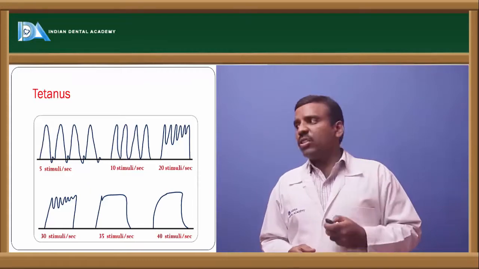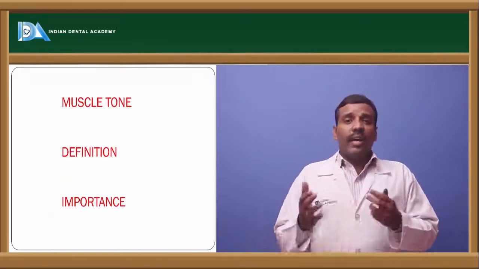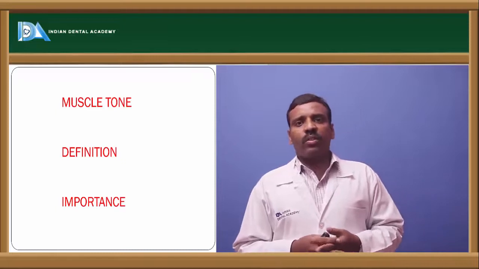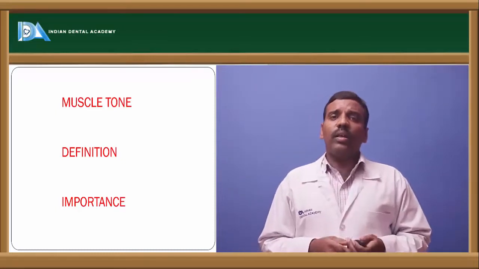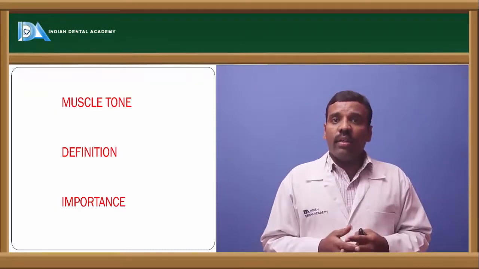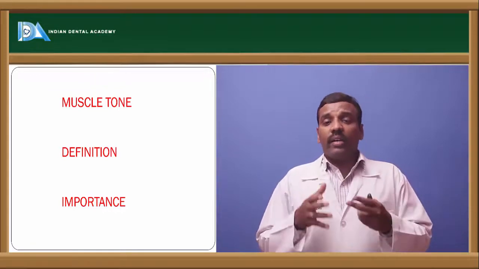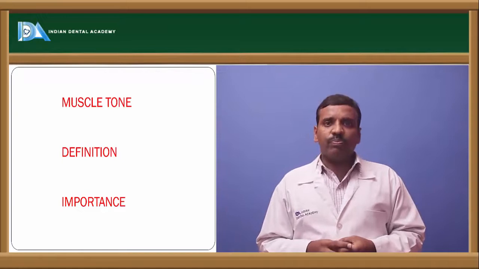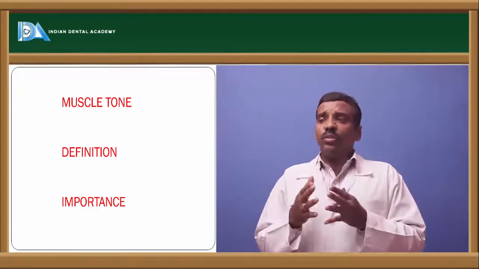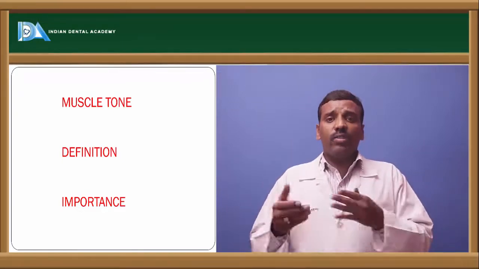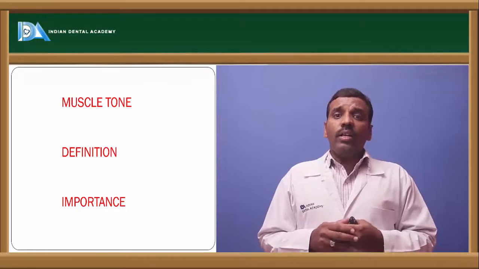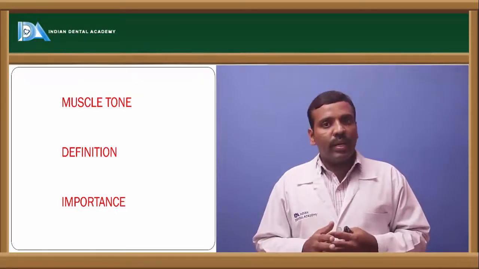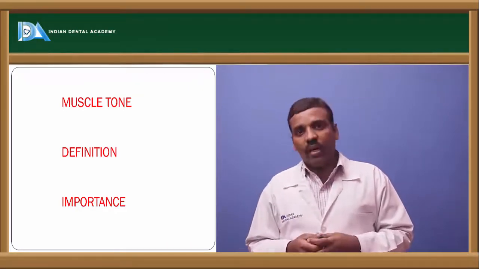Okay, and the next property is muscle tone. What is muscle tone? Muscle tone is nothing but the strength, the contractility and the excitability, all of which come under muscle tone. Muscle tone has two types of tonicities. One is hypertonia and another one is hypotonia.